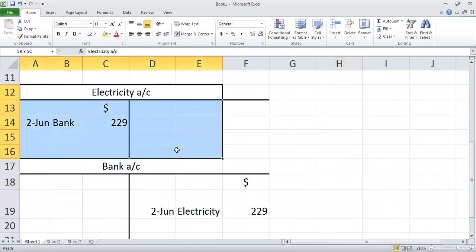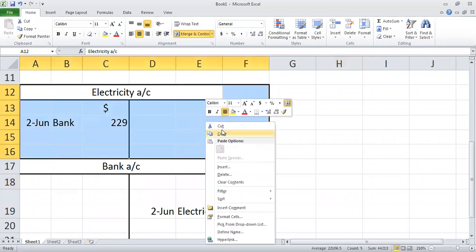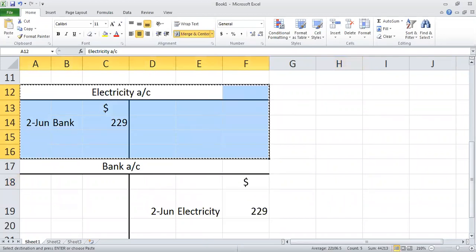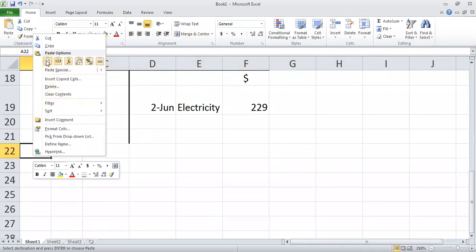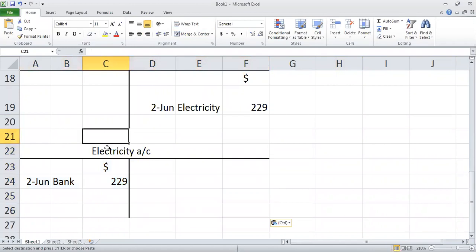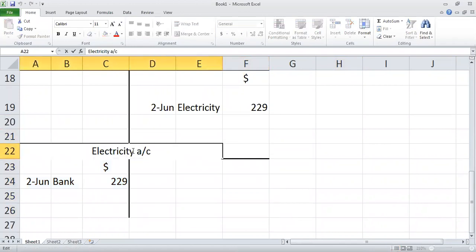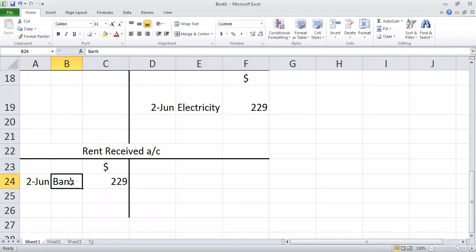So now we're going to create a rent received account with this one. This is called a rent received account.